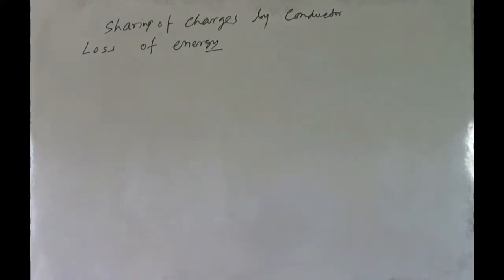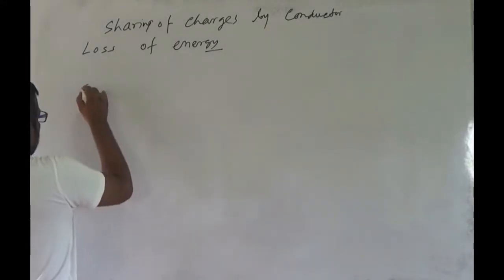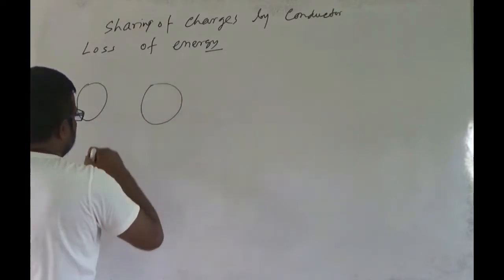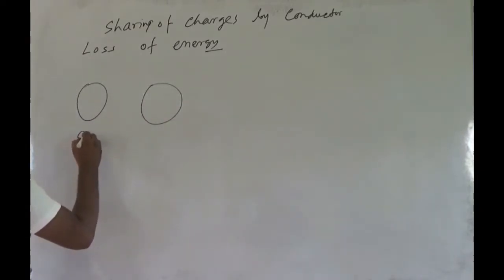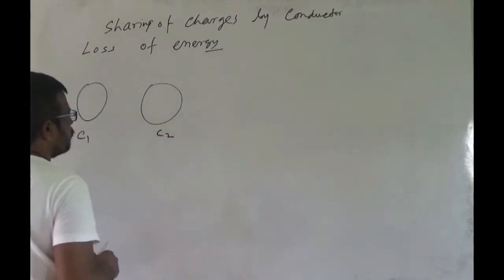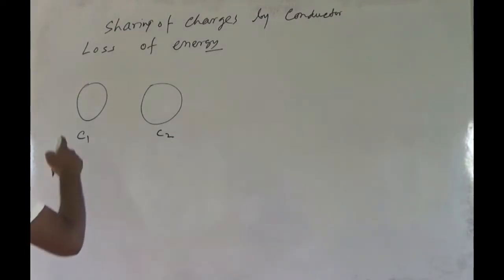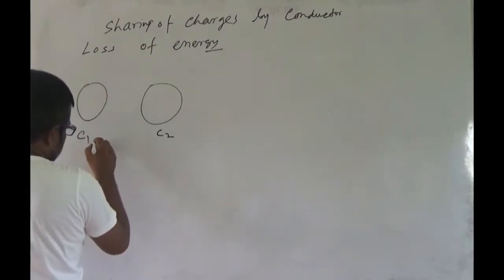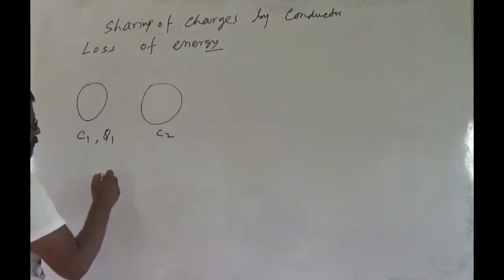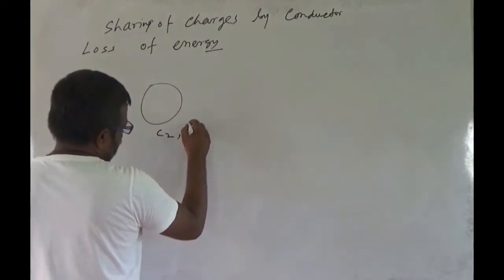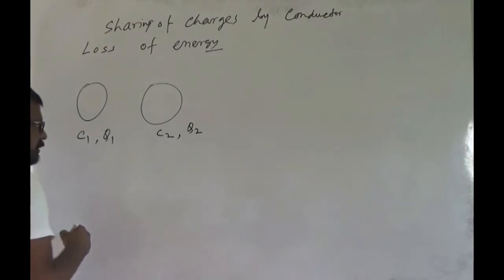Let us take two charged conductors. One is this, another is this, with capacitance C1 and C2. This conductor is charged with charge Q1, and this conductor is charged with charge Q2.